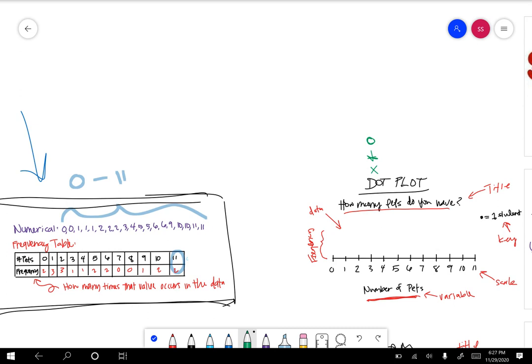Okay, so let's do this. The first data point is 0, so we're going to put a little dot above 0. Second one is 0. So we have 2 zeros. And we have 3 ones, so we're going to put 3 dots over the number 1 on our number line. There's also 3 twos. So you can look at your numerical order, like each data point, to do this.